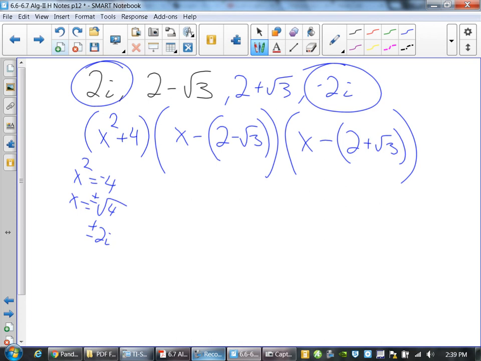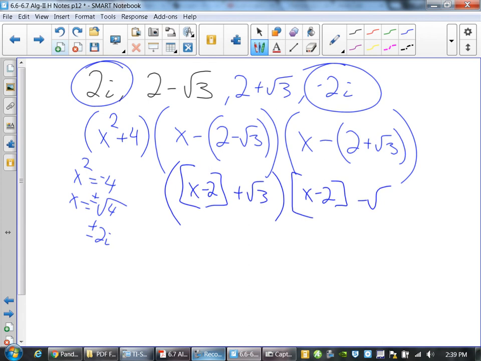Here you wind up with x minus 2 plus root 3, and then x minus 2 minus root 3. And then you'd FOIL that one through as well. It's actually a little bit easier because you wind up with what's root 3 squared? 3.